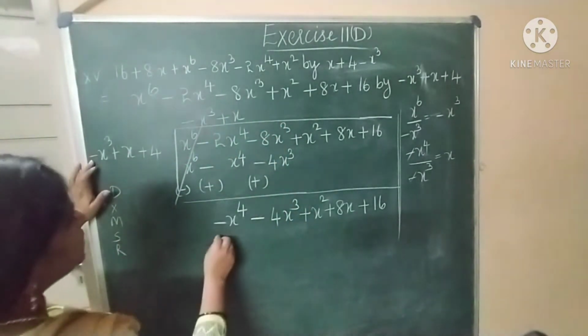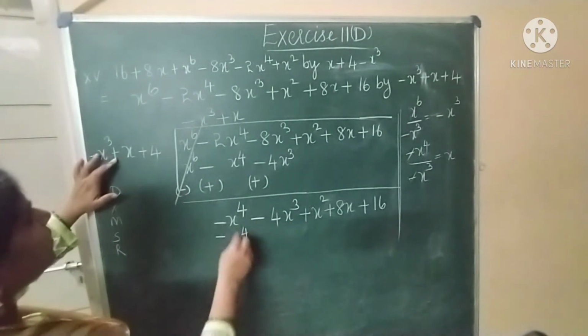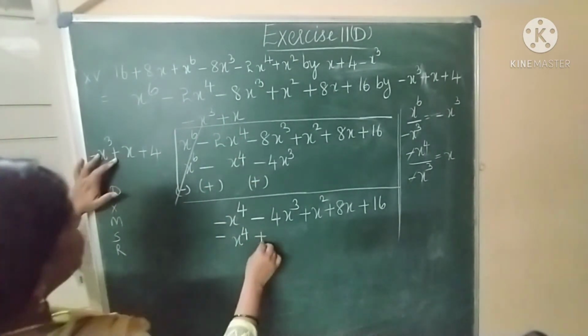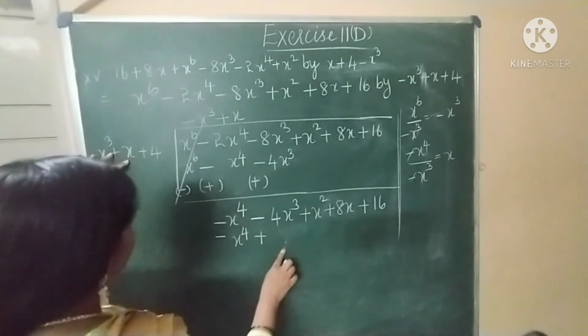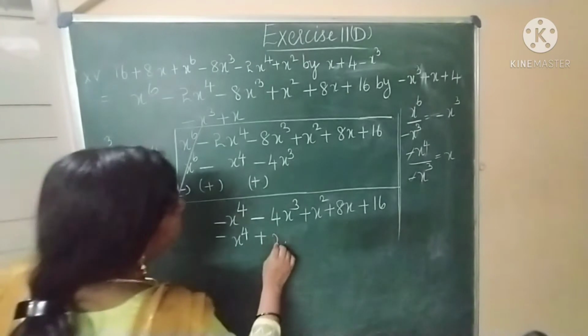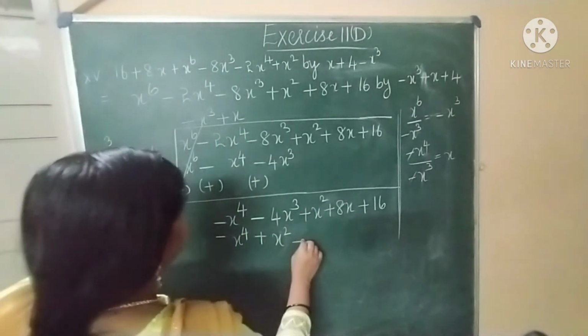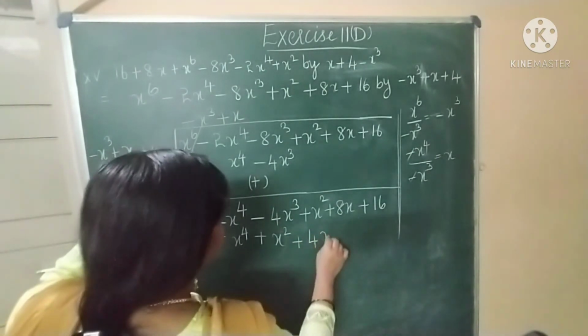Minus into plus is minus, x cube into x is x to the power of 4, then plus into plus is plus, then x into x is x square. Here see, it is x square, then plus into plus is plus, then we get 4x.